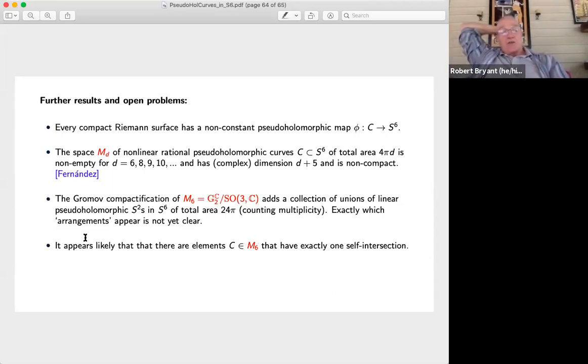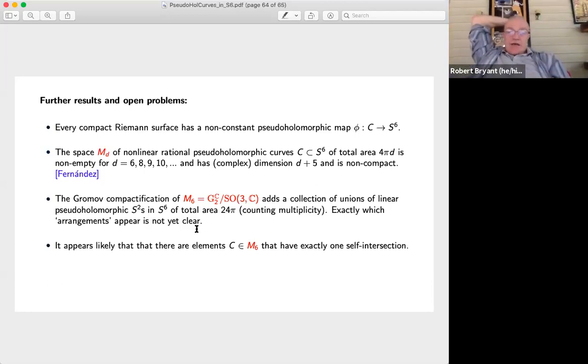But exactly which such arrangements appear is not clear. You might not like the example on the previous slide, which produced an associative that's actually the union of two associatives that are themselves either non-singular or have an isolated singular point.